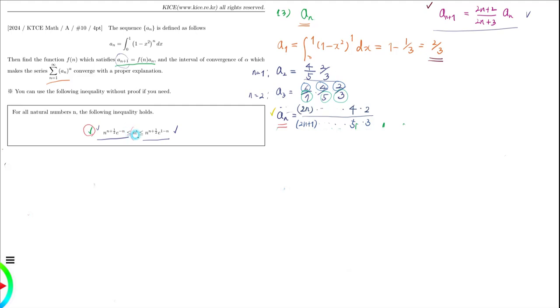We need some numbers factorial here, but as you can see, there are some missing numbers here: 3, 5, and 2n minus 1, if I say, and there are missing numbers 2, 4, 6, up to 2 times n.